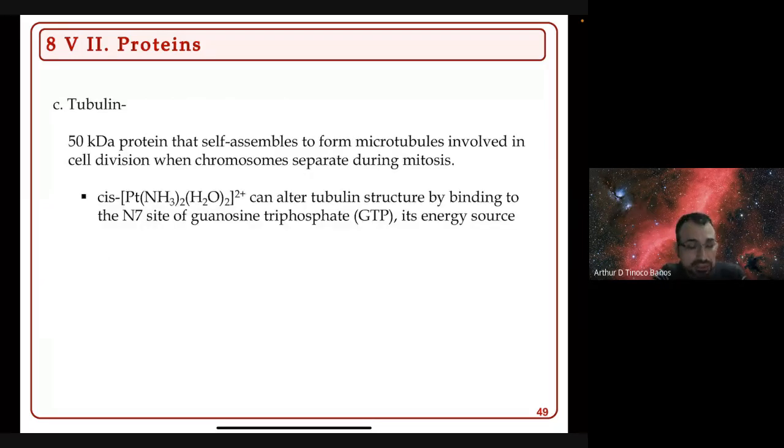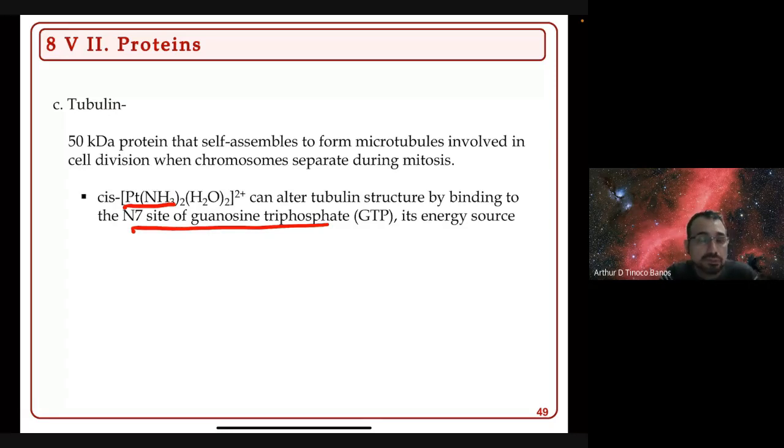There's also the suggestion that tubulin is a potential target of platinum. This is a 50 kilodalton protein that self-assembles to form microtubules involved in cell division, when chromosomes separate during mitosis. It's been observed that platinum in this form, a possible speciation of that metal, can alter the tubulin structure by binding to the N7 site of the base of guanosine triphosphate.